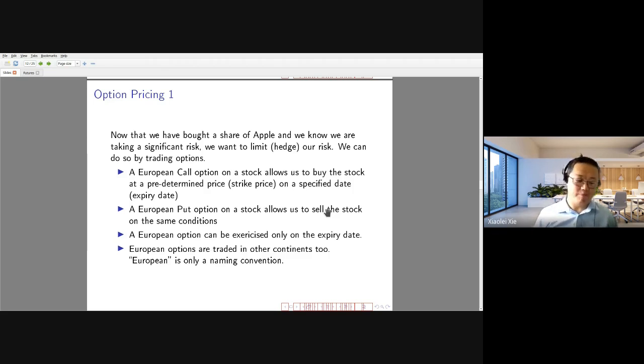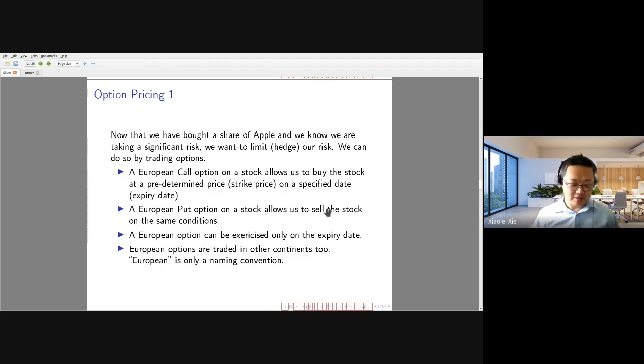So if we have bought the stock today at a certain price, and we want to make sure that we don't lose more than 15% of our investment in a year's time, we might consider buying a put option on the same stock so that we can at least sell that stock in 1 year at that lower price, that is 15% lower. So we can be sure that we won't lose more than that.